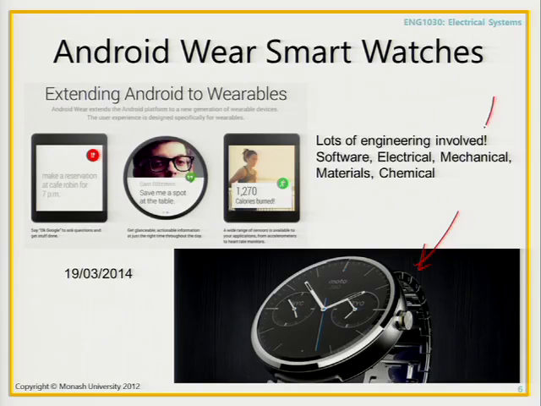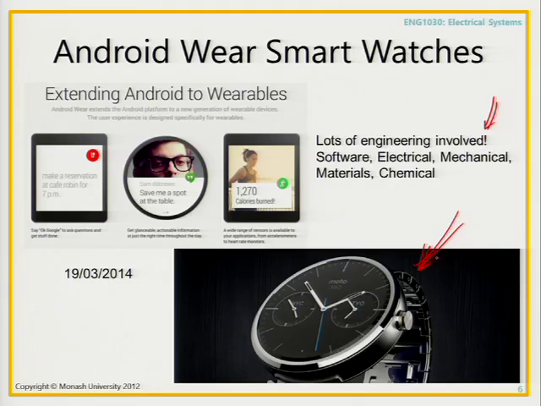But the interesting thing here is, have a think about how much engineering is involved in making this device. You need to think about the software. So that's the Android stuff. You also need to think about the electrical hardware. That's what we would design. You need to think about the mechanical side of things.